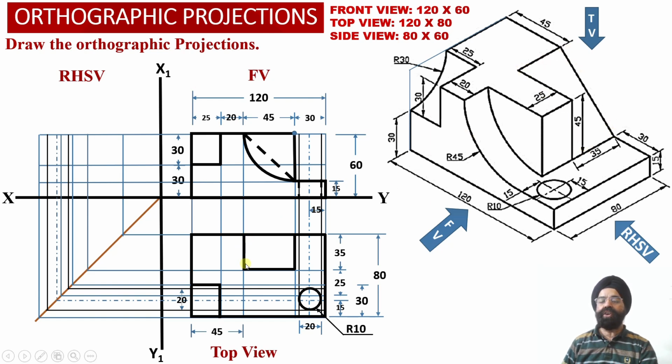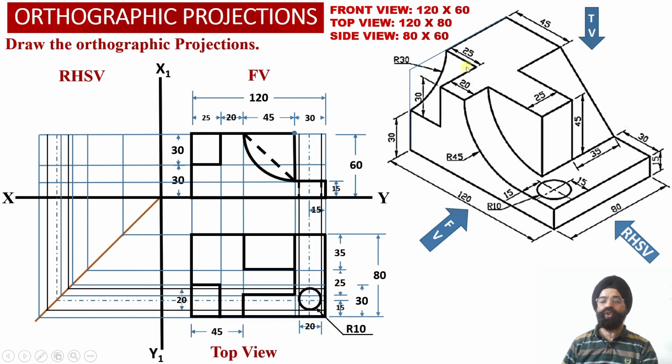Therefore, onto the horizontal plane in the top view projections, we are going to obtain the apparent shape projections corresponding to this inclined rectangular surface which is lying towards the rear side of the solid over here. And now corresponding to this flat surface of the vertical web, we are able to witness the true shape projections into the top view projections over here.